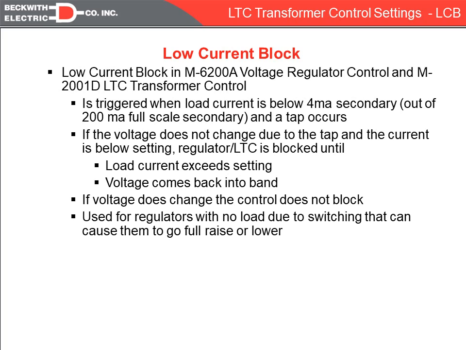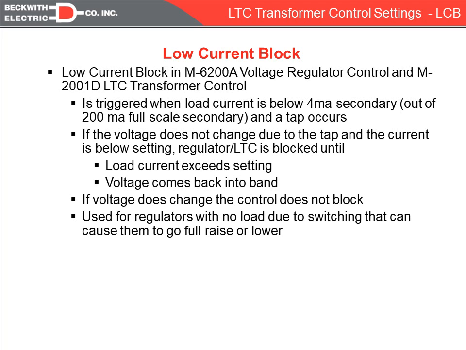But when you go to switch everything back and you close that circuit breaker back in, your regulator now could be many taps off of where it was. Therefore, the way the low current block works is if the current is below 4 milliamps in either direction and the regulator taps, the control will look at the new voltage.